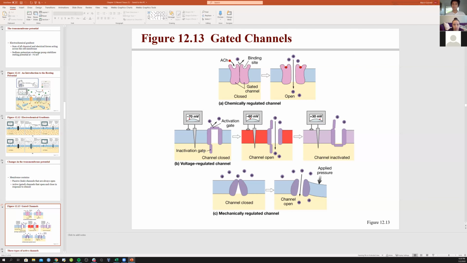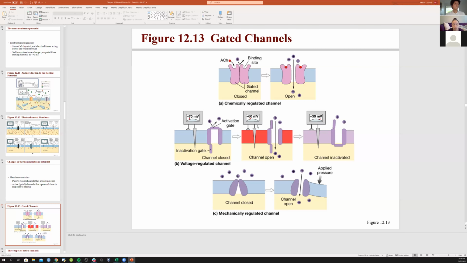Whenever that voltage reaches a particular threshold, these channels will open. These channels are made of protein, and proteins are nothing more than positive and negative amino acids interacting with each other. Whenever the environment around them becomes more negative or more positive, the amino acids react accordingly. They undergo conformational changes because it's charges against charges.